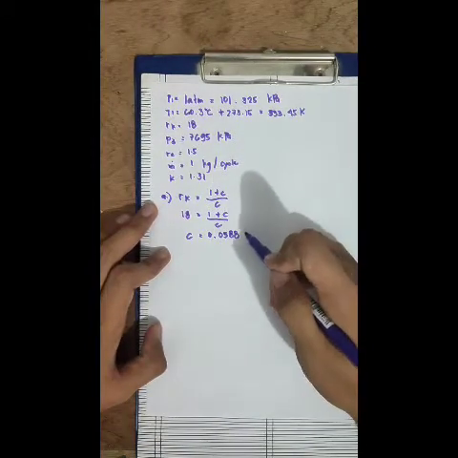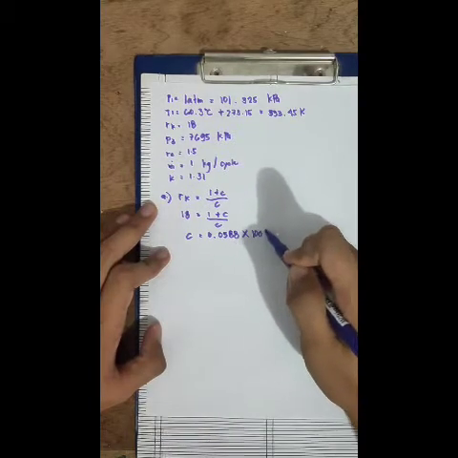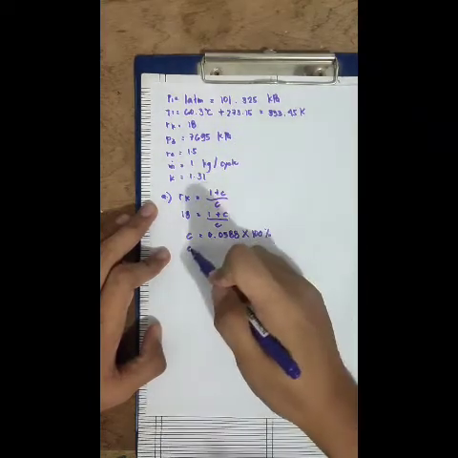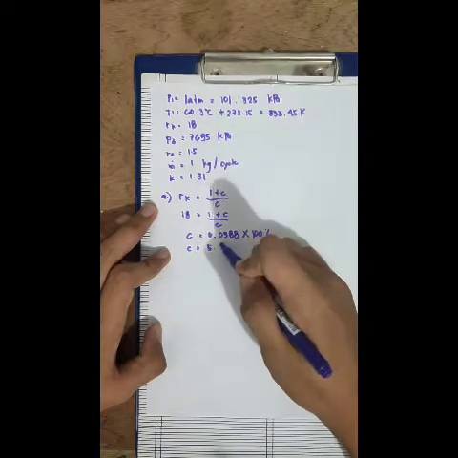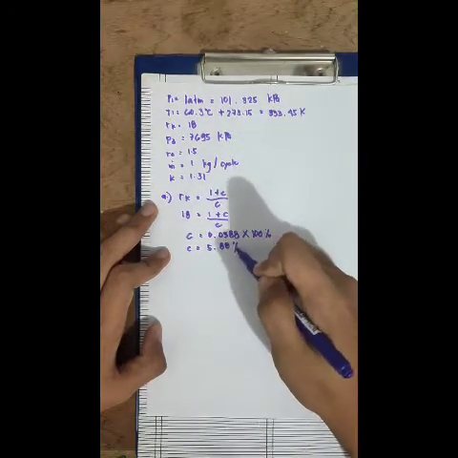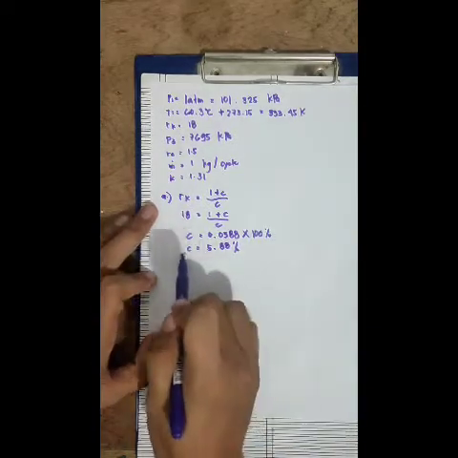You have to multiply it by 100% to make it into a percentage. So the clearance is equal to 5.88%.